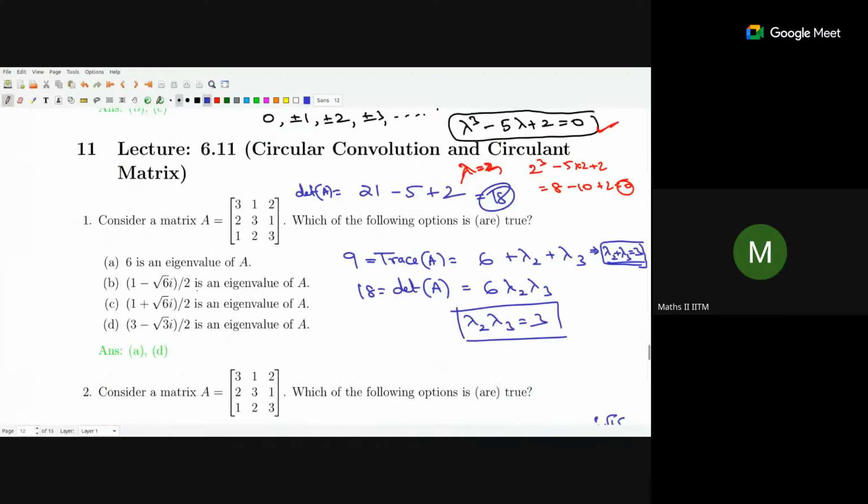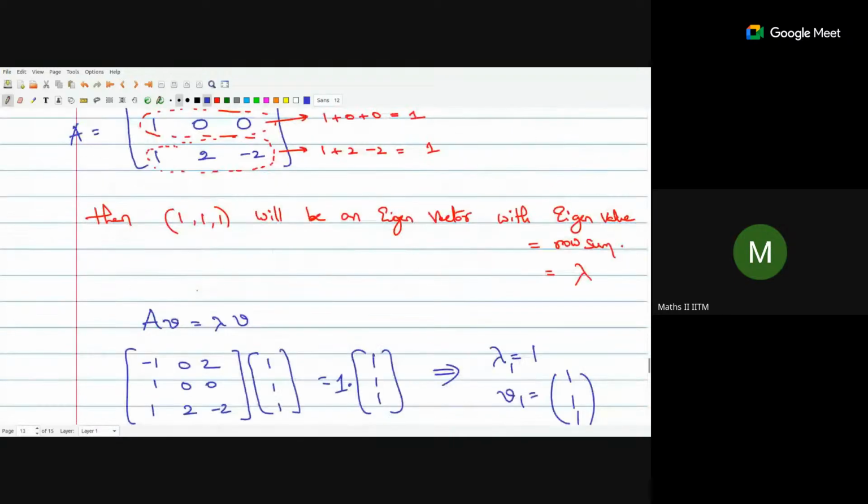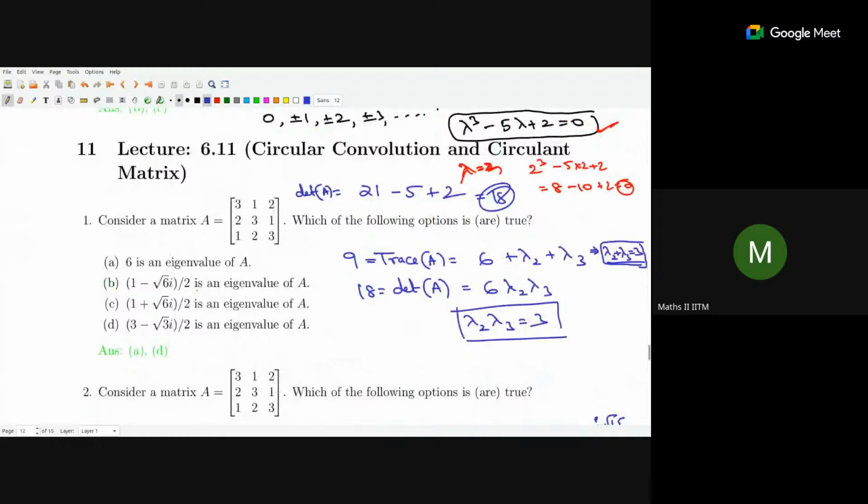So this lecture is completely on circulant matrices. Even if they are circulant, you don't need to do all these things. There is more than what you see here. As of now you can directly see that the row sum is the eigenvalue and one eigenvector is 1 1 1.